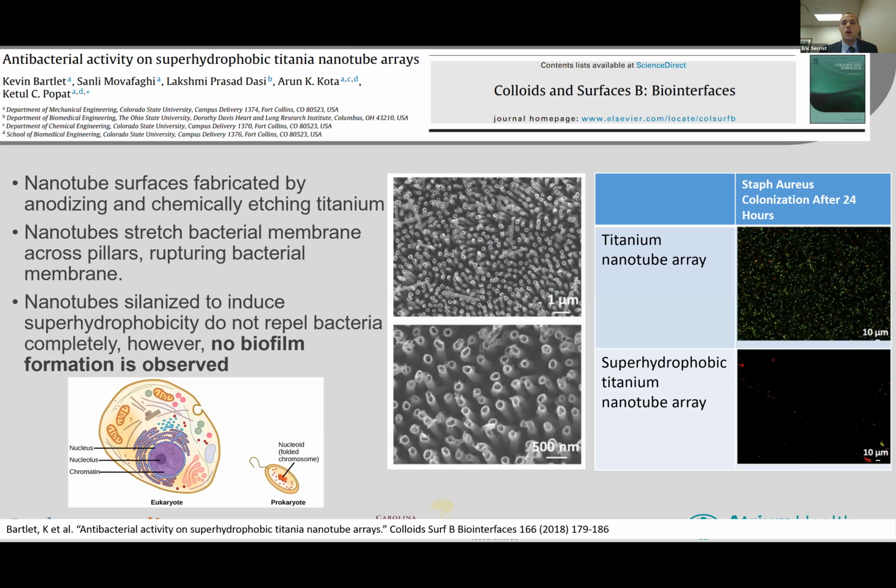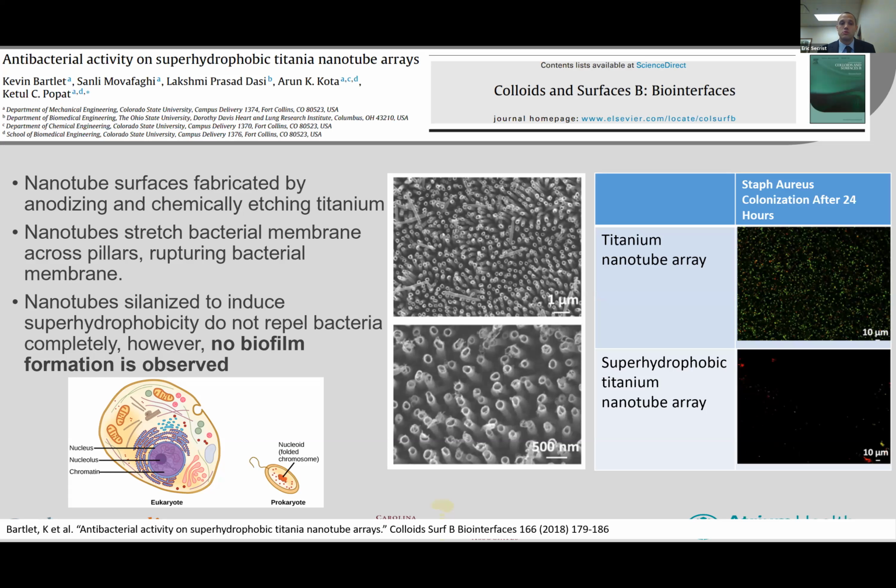The final option would be more nanoengineering type of modalities, and one of these is called nanotubes. This takes advantage of the size differential between bacterial cells and human cells, because a bacterial cell that tries to stretch across these tiny pillars essentially becomes mechanically disrupted, because it's only stretching across a few of them and it sags in the middle and it disrupts the bacterial membrane.